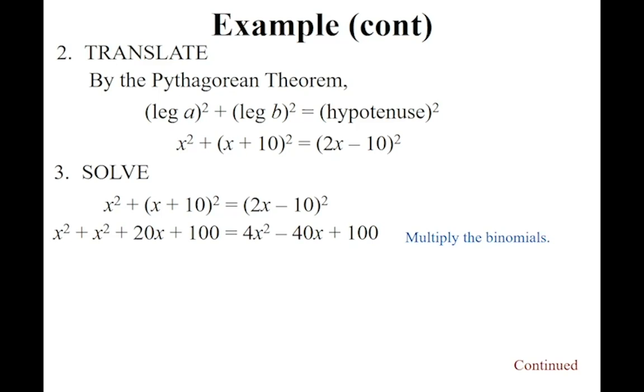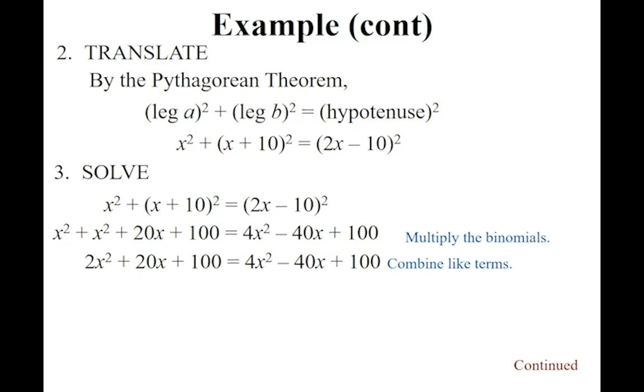So x plus 10 squared gives us x squared plus 20x plus 100. 2x minus 10 squared gives us 4x squared minus 40x plus 100. We have some like terms we can combine on the left. X squared plus x squared is 2x squared. Everything else stays the same.